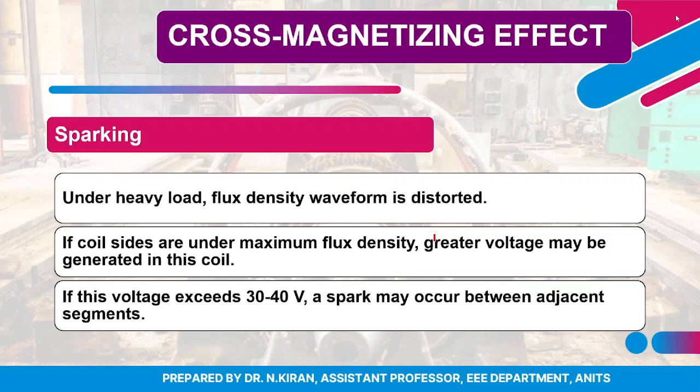But due to the armature reaction, since the resultant flux MNA axis has changed, we need to change the position of the brushes, because if we keep them in the previous position, it will lead to sparking.